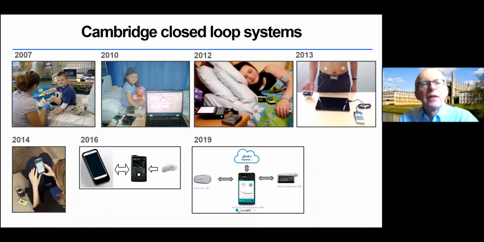At Cambridge University, we started this research in early 2006, building the evidence, improving the control algorithm, and building various prototypes. The final system, this CAM-APS-FX, which is an app running on an Android phone, was put into use in 2019, but it utilizes all the evidence and all the learning which we obtained throughout this period.